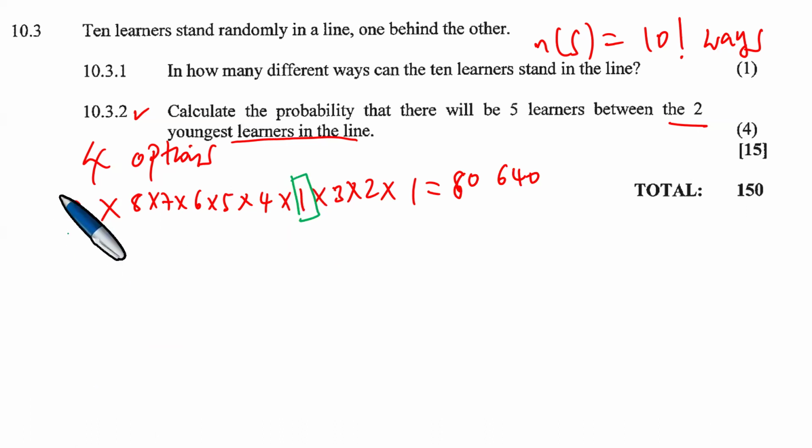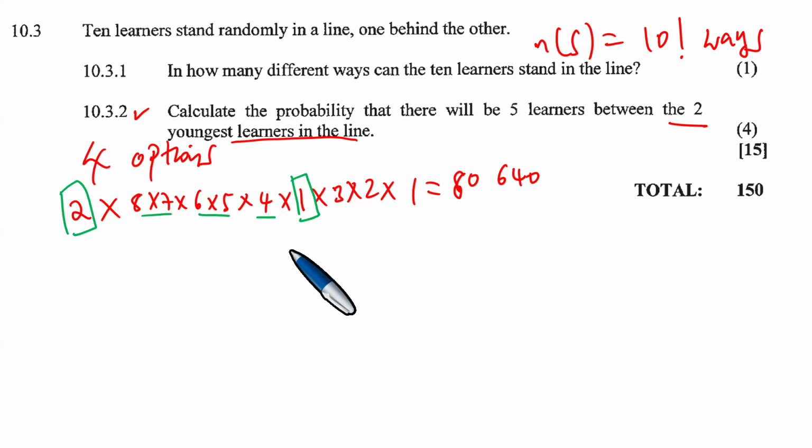If we fix these particular positions, we can see that we have 5 learners, and these 5 learners are between the 2 youngest learners in the line.